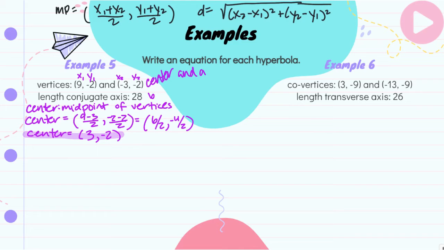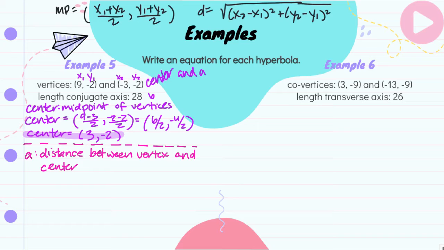So now let's move on to find A. And we find A by finding the distance between the vertex and the center. And we can use that distance formula for that.